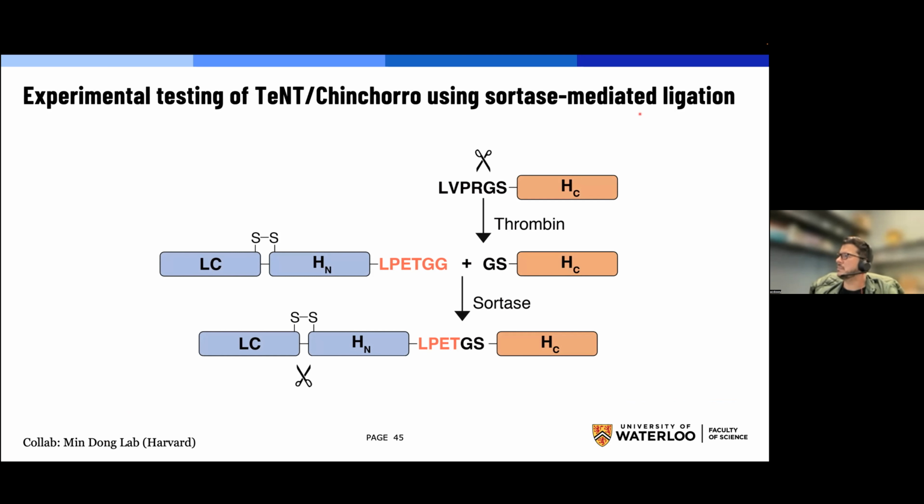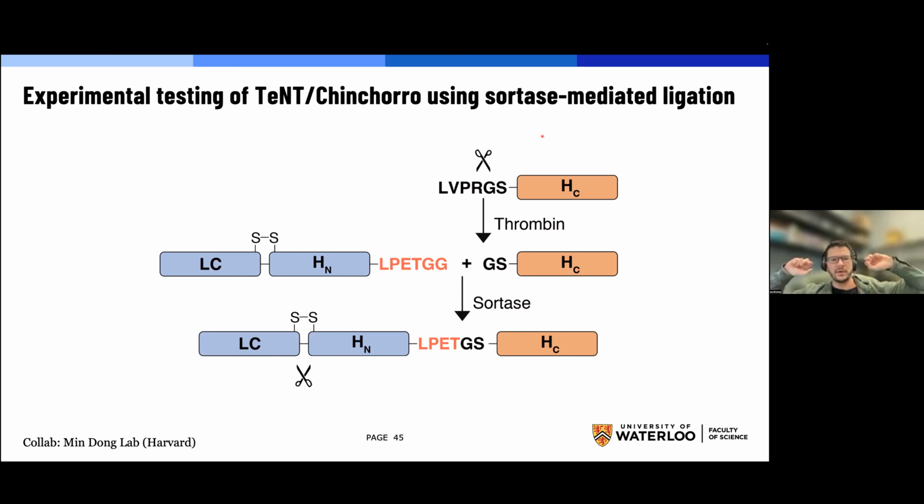called sortase-mediated ligation. Okay, where the toxin is split into two separate halves, and those components are expressed and purified separately.